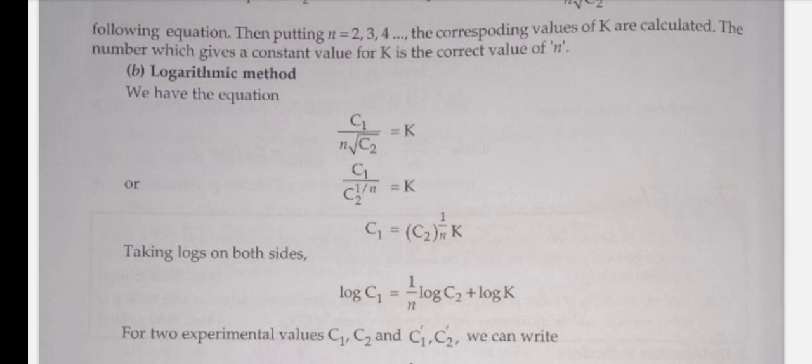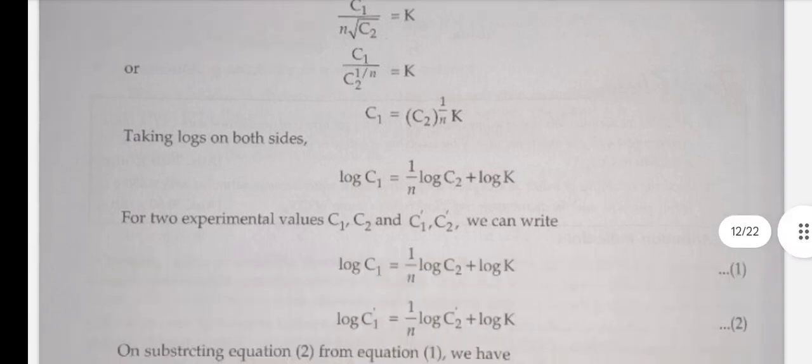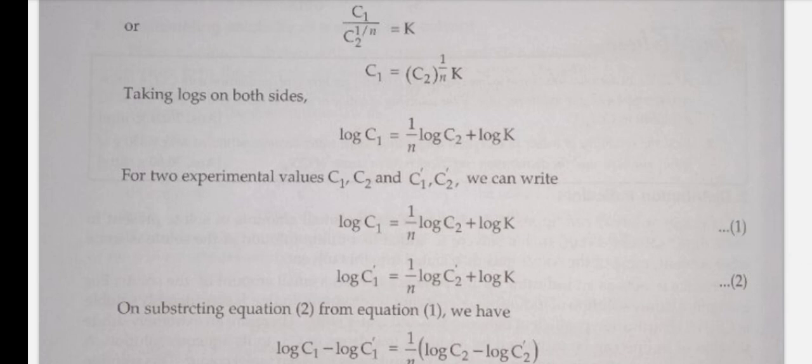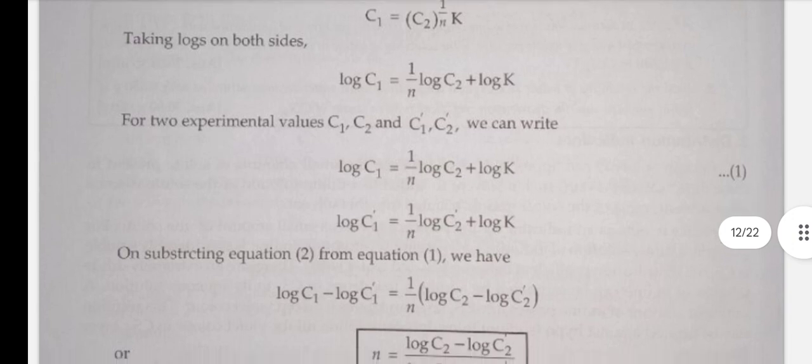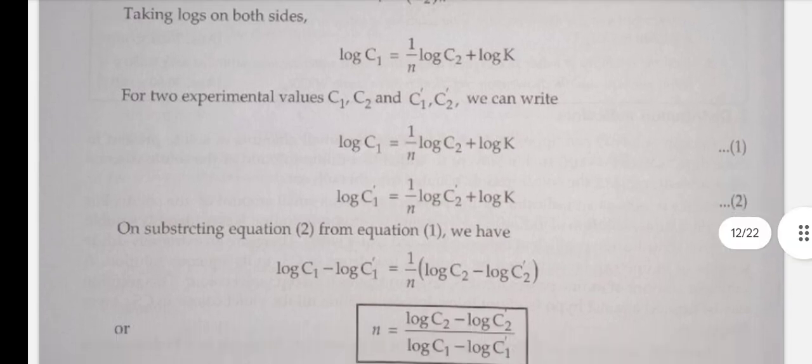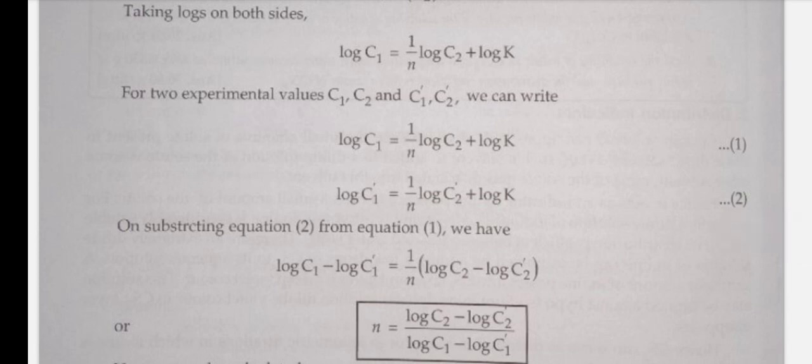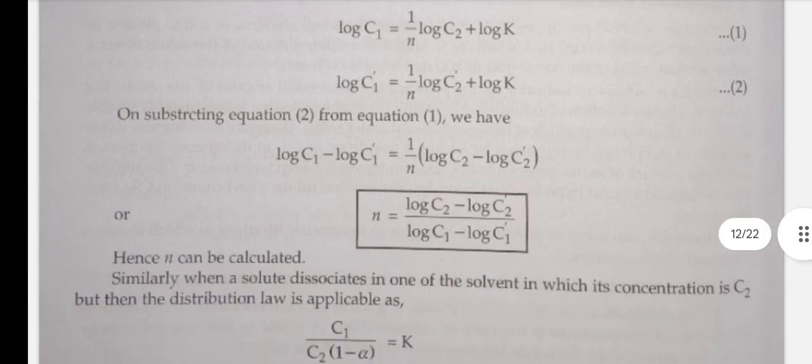Logarithmic method. We have the equation C1 upon nth root of C2 is equal to K, so C1 is equal to C2 to the power 1 by n into K. Taking logs on both sides, we get log C1 is equal to 1 by n log C2 plus log K. For two experimental values C1, C2 and C1 dash, C2 dash, we can write log C1 is equal to 1 by n log C2 plus log K, and log C1 dash is equal to 1 by n log C2 dash plus log K. On subtracting equation 2 from equation 1, we get log C1 minus log C1 dash is equal to 1 by n into log C2 minus log C2 dash.